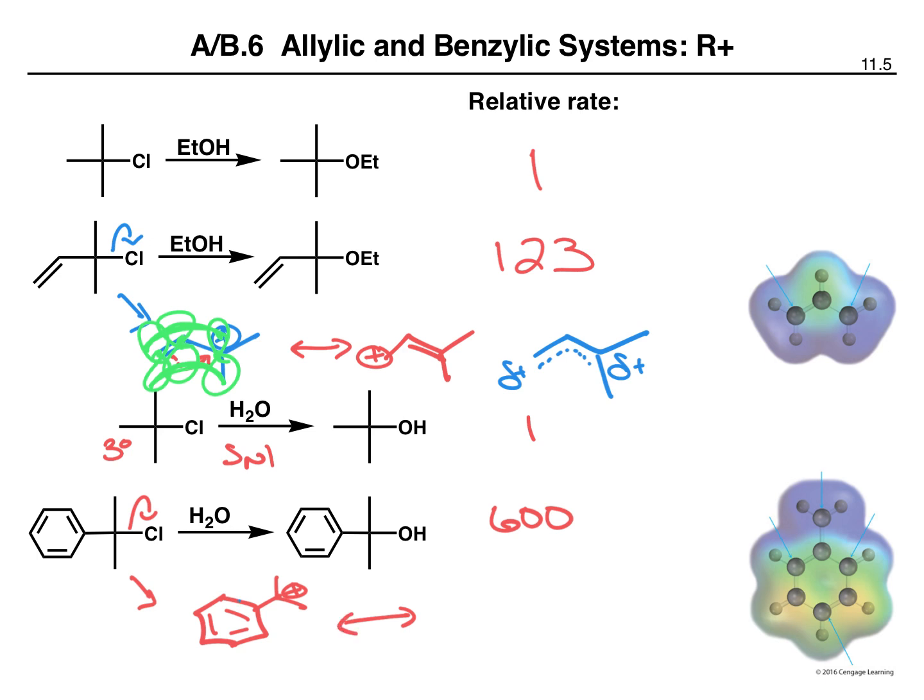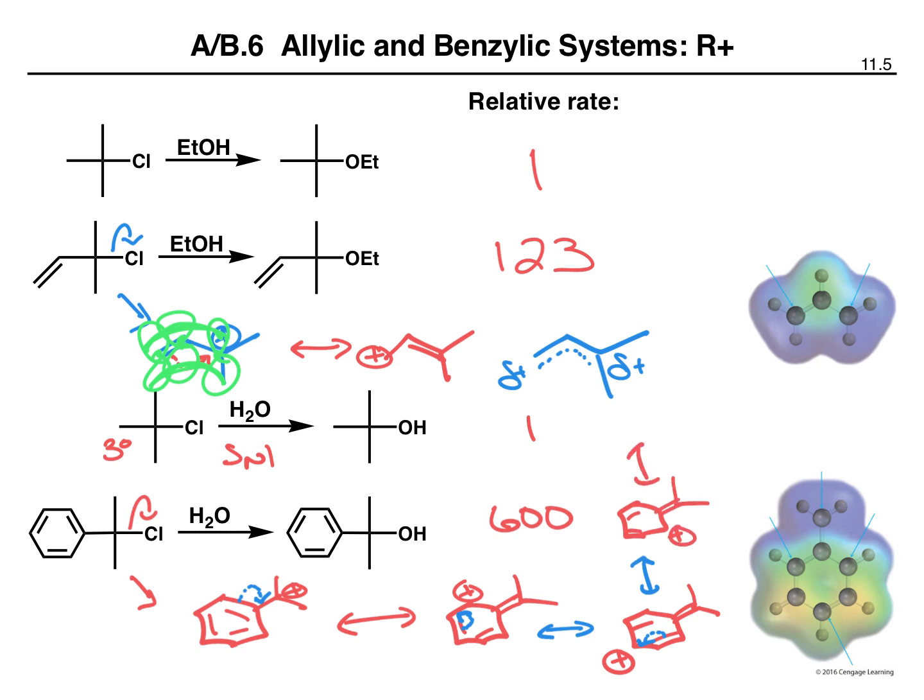So let's imagine that these electrons move here, and that gives us another resonance contributor that looks like this. And then we can imagine these electrons move here, giving us another resonance contributor that looks like this. You can imagine these electrons move here, giving us another resonance contributor. Where are we? That looks like this.